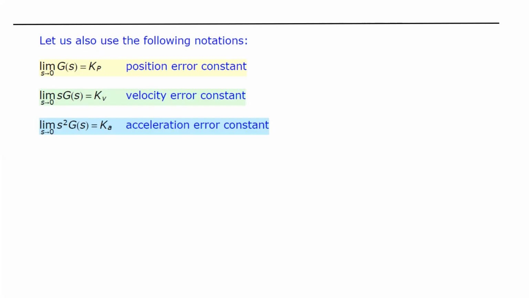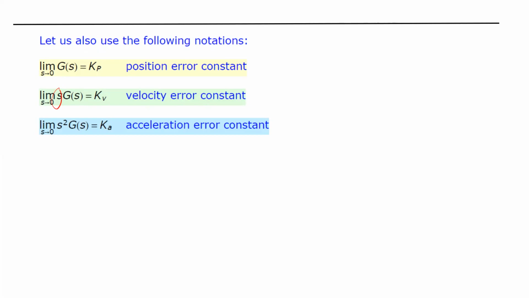In a moment, I will show you where they came from. The first one I call the position constant: the limit as s goes to 0 of G of s, which equals Kp. Then the limit as s goes to 0 of s G of s, which I call the velocity constant, because there is an s here and no s there, so there is differentiation. And this is the acceleration constant.